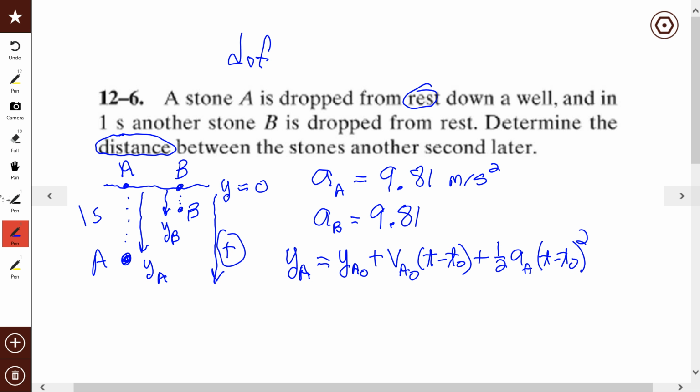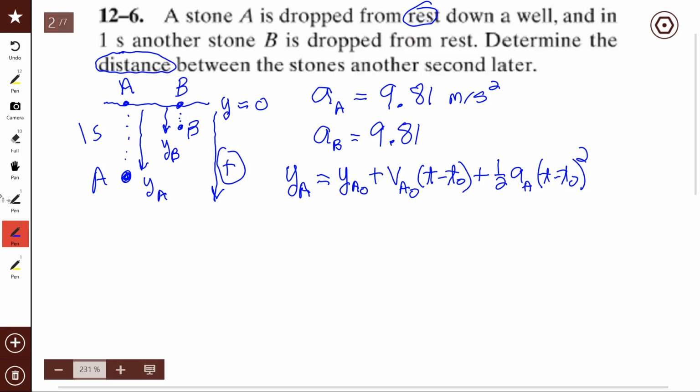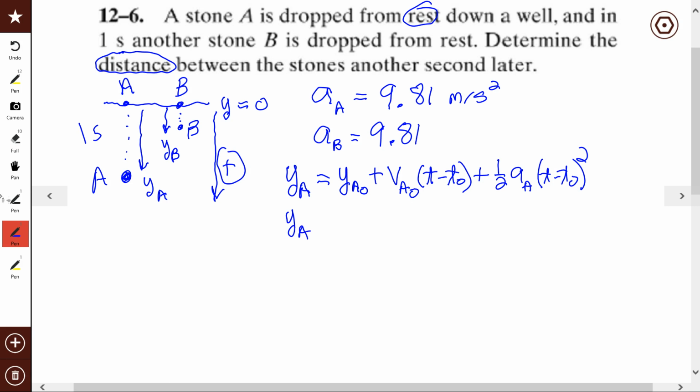And a similar equation for body B, which I will write shortly, but I'm going to plug some values in. So I'm going to say the position of body A at any time of interest is equal to the initial position. Well, he started at the top of the well, and that's what I'm calling 0.